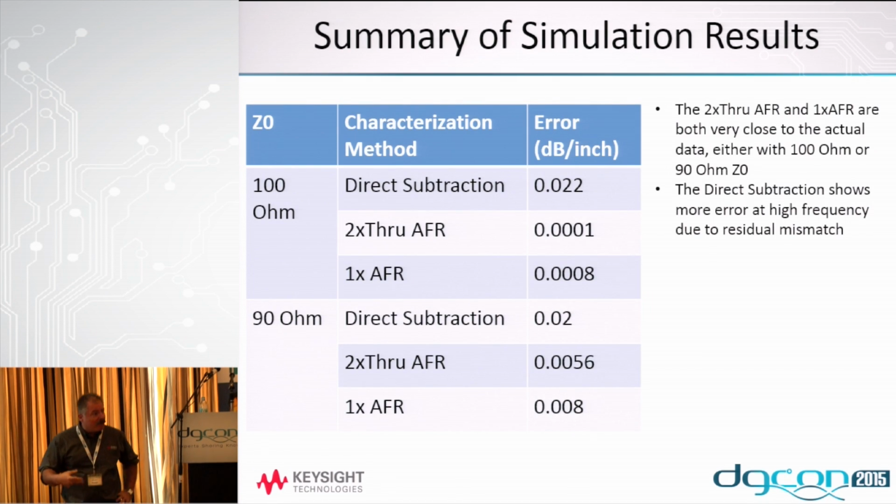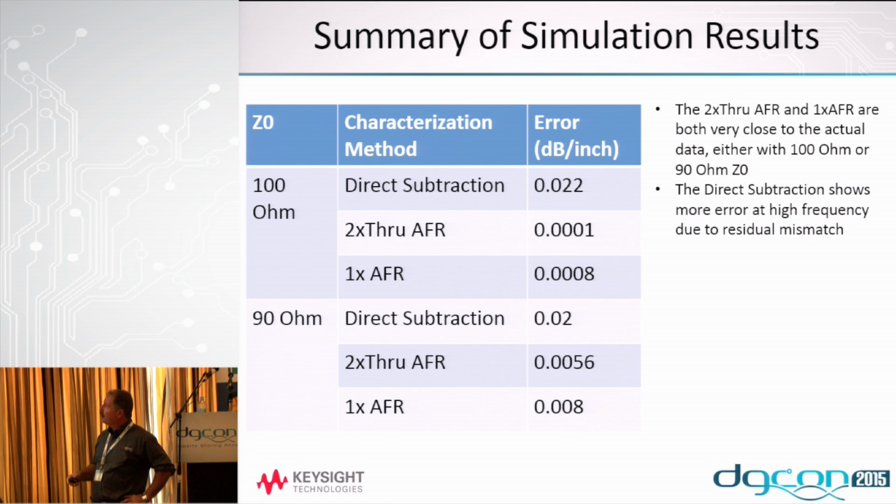So if we summarize all of this data into one slide, it'll look like this. And you can see that the direct subtraction is typically the least accurate. The 2x through typically is the most accurate, but then you're building one structure. You still have to go design and fab that 2x through. Maybe that's easy for your company, maybe it's not.